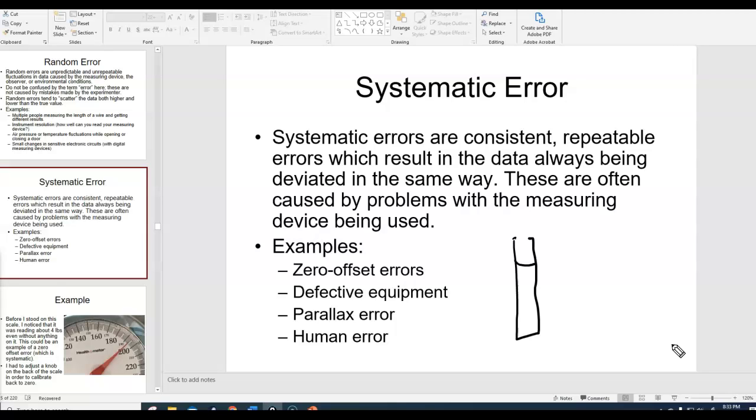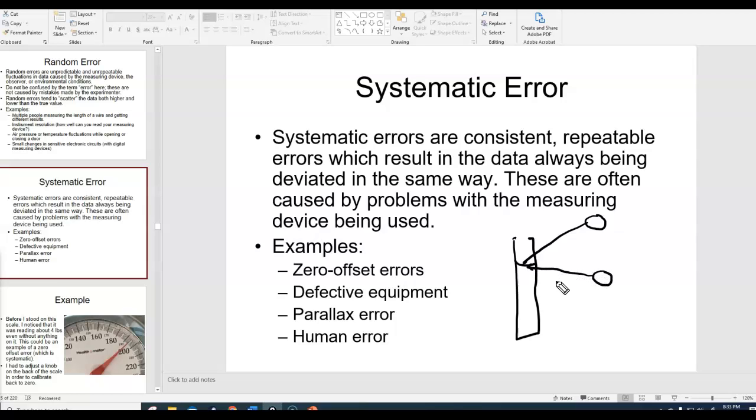Parallax error is a type of error where when you look at something at an angle, it looks like a different reading. So for example, if your eyes were up here looking at the meniscus, you might read a different volume than if your eyes were down here closer to level.